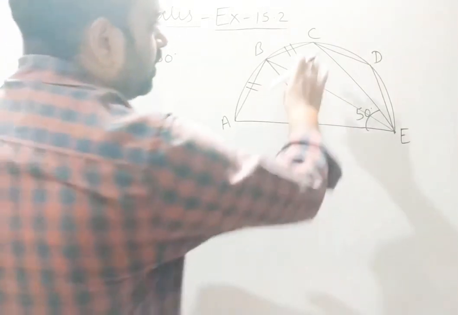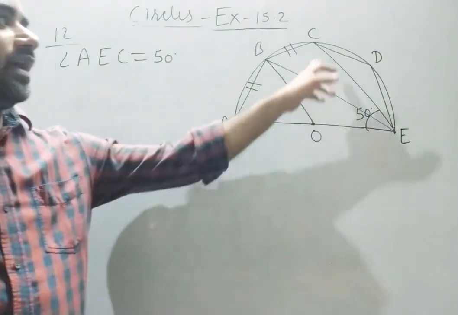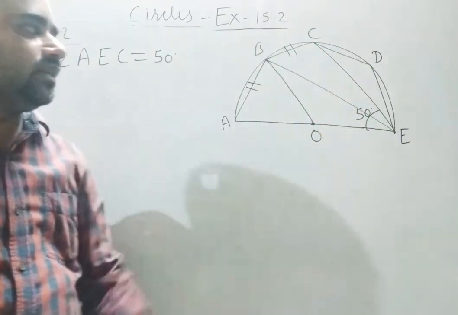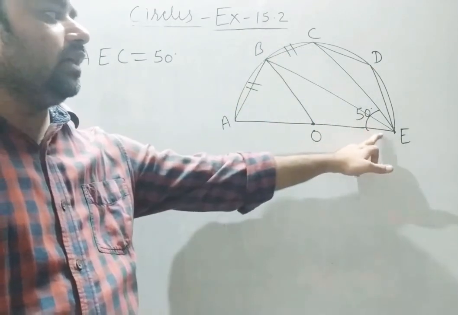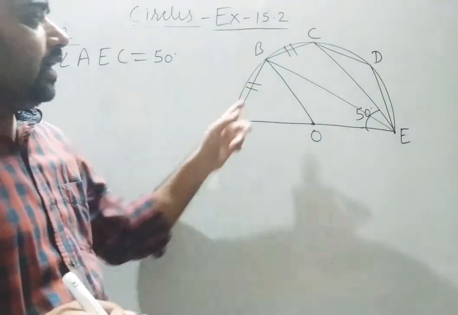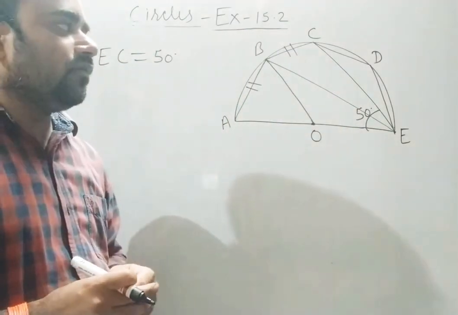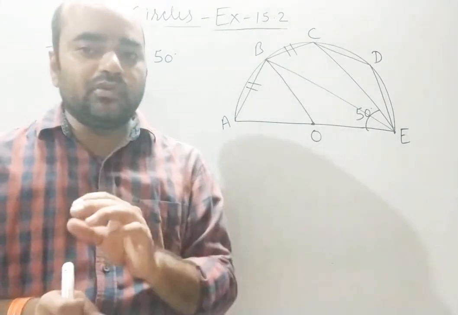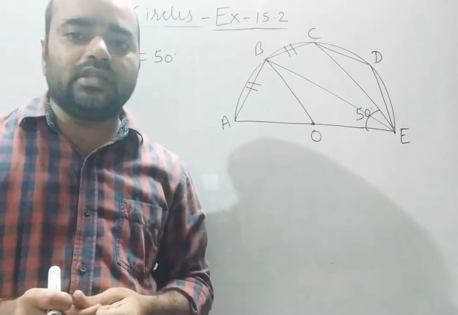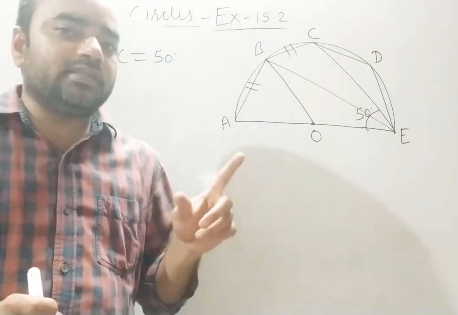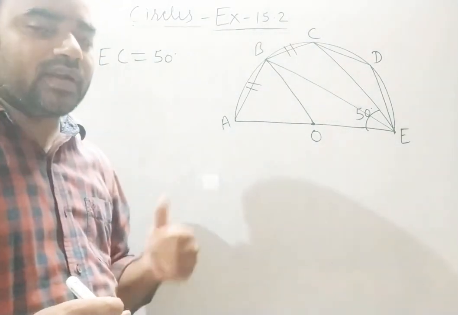We have to find angle CBE. Okay. So how to find angle CBE when this is 50 degree? First of all, if chords are equal, what is the advantage? The theorem is equal chords subtend equal angles at the circumference or at the center.